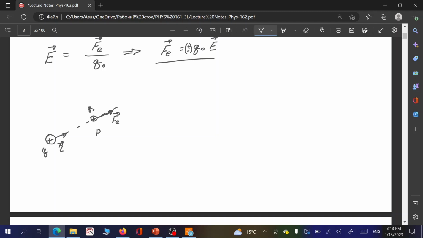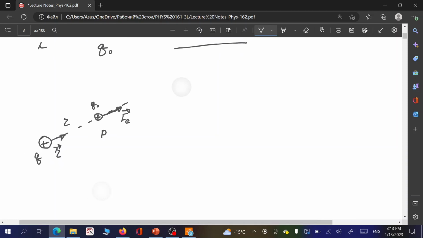We consider the unit vector direction from the source to the test electric charge, and the distance between these two charges will be r. We know the equation for electric force, it's Coulomb's law in vector form.